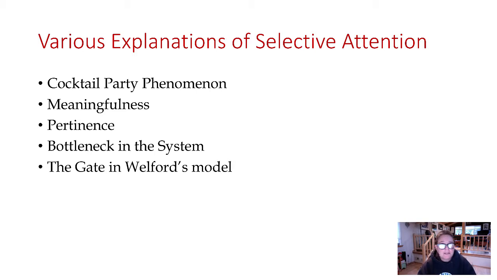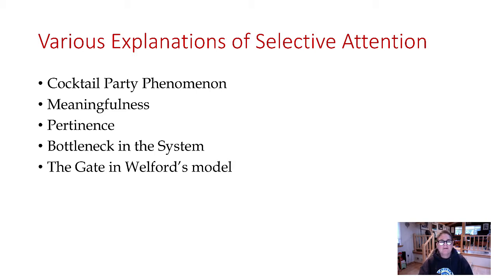So finally, I want to talk about some of the explanations for selective attention. One is what's called the cocktail party phenomenon. If you're at a cocktail party and you're in the living room having a conversation with someone, and all of a sudden in the kitchen somebody says your name, you know that person's talking about you.